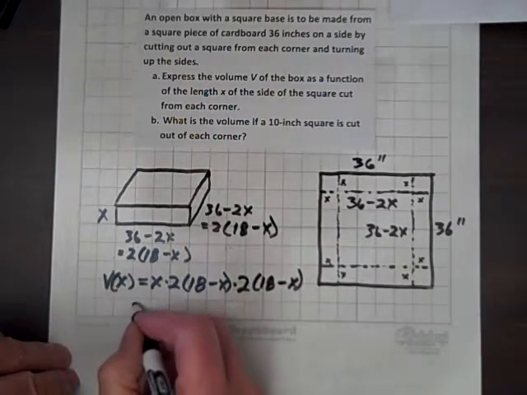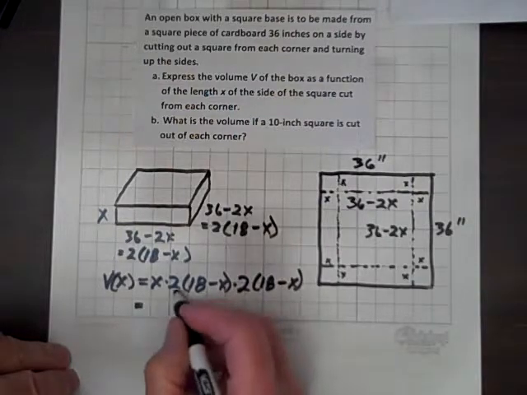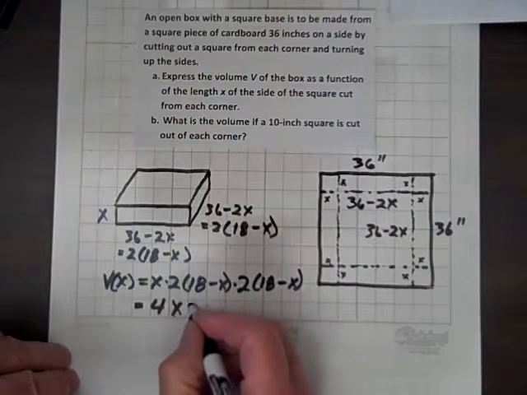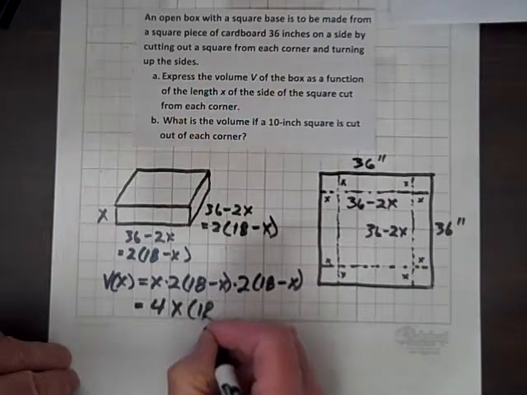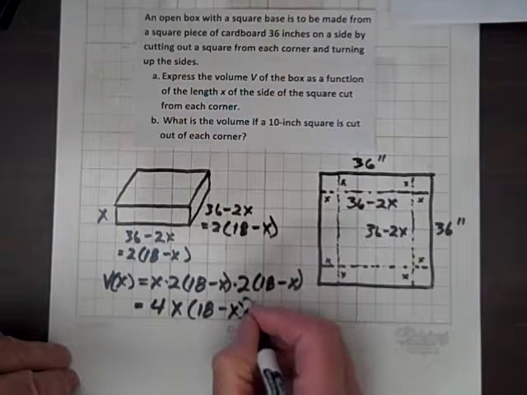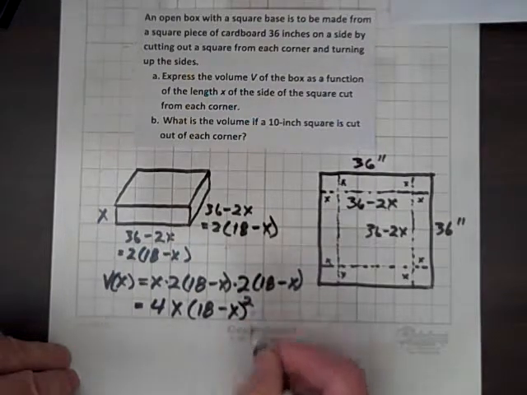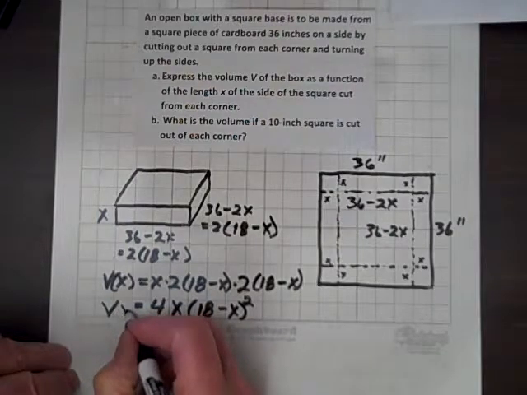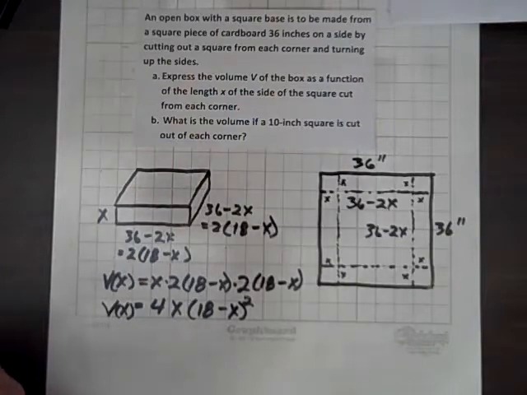And this equals 2 times 2 is 4, x, and then we have (18 minus x), and that quantity is squared, and that's our volume as a function of x.